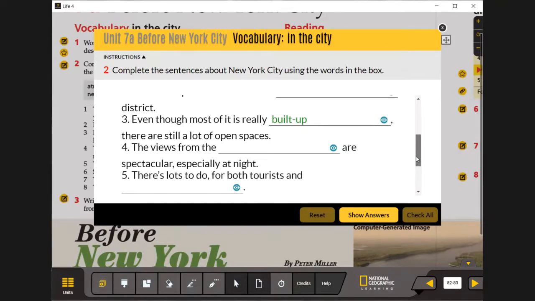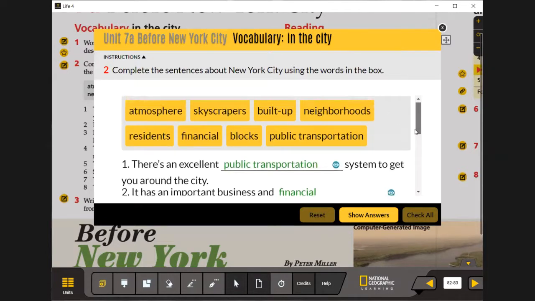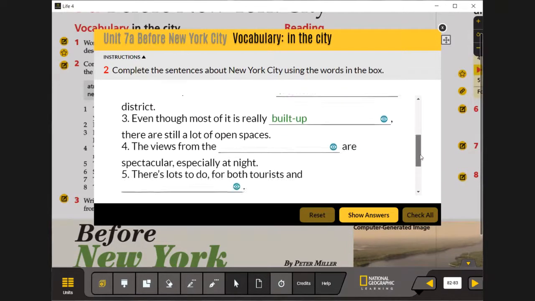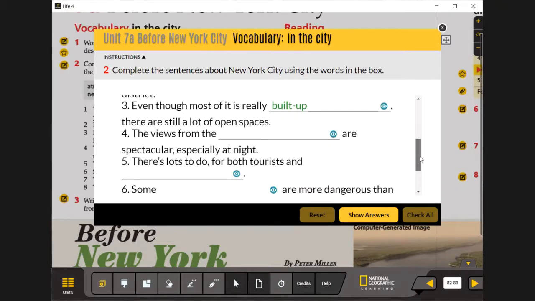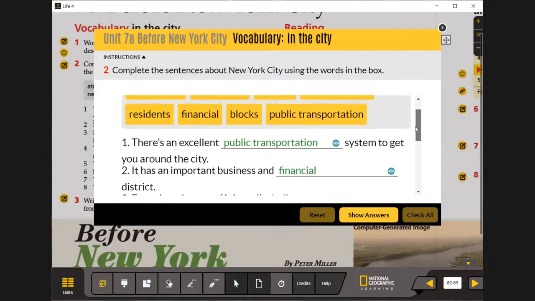The views from skyscrapers. Okay. Well, but read the whole sentence. The views from the skyscrapers are spectacular, especially at night. Okay. Five.